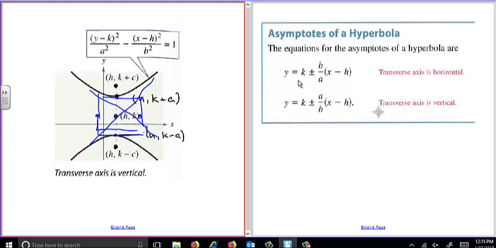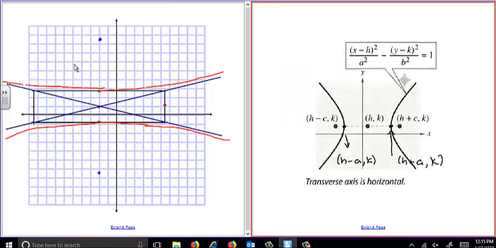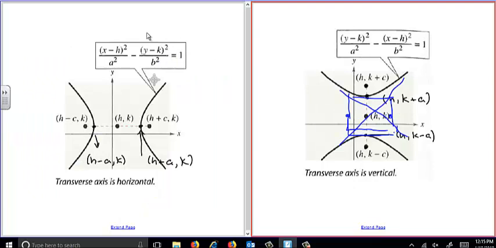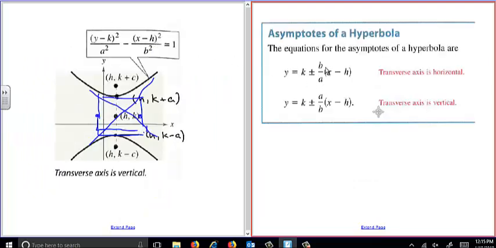And the equations, they're both y as a function of x, because that's the way we write equations for lines. But the difference is that for a horizontal transverse axis, the a corresponds to the x part and b corresponds to the y part, then we have b over a.